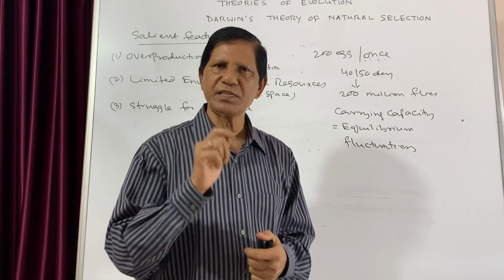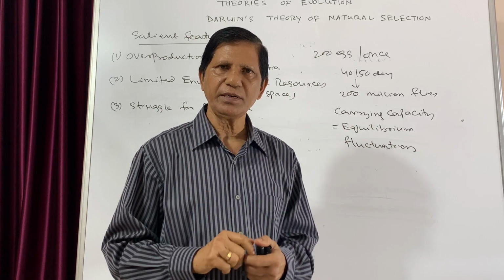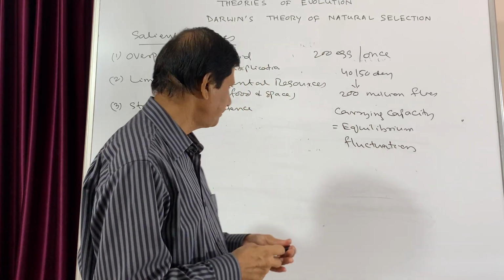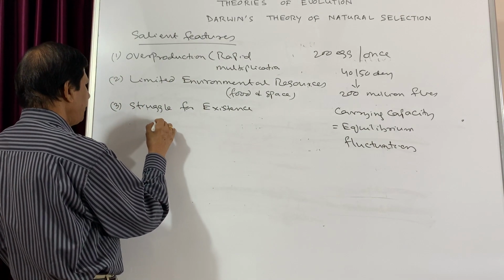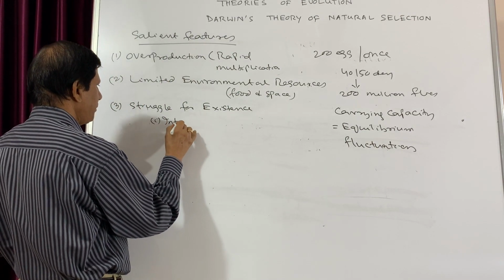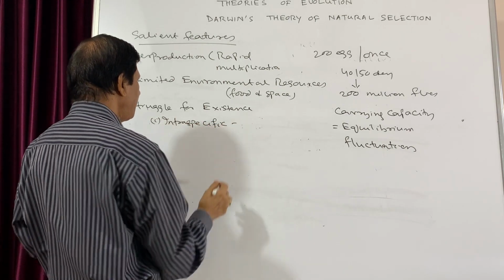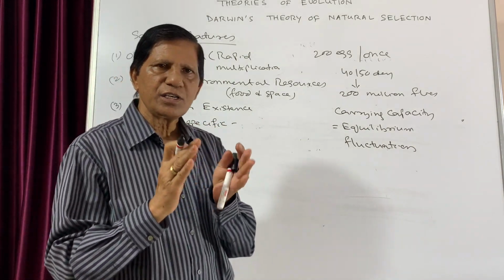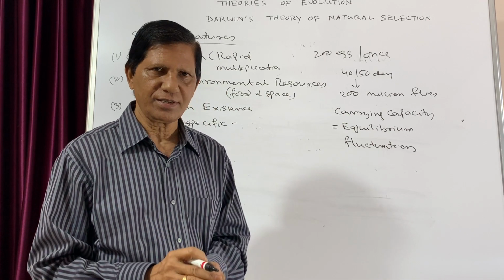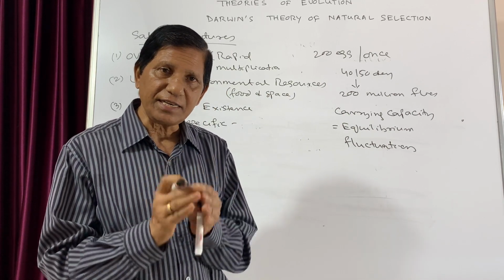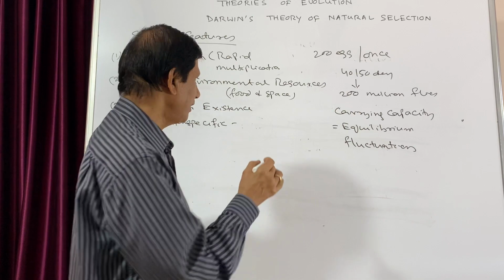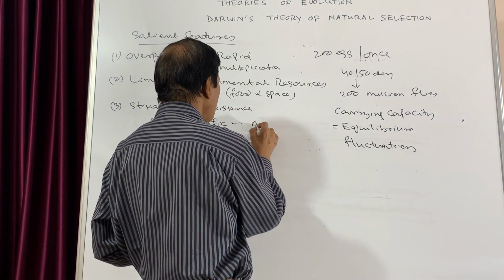Maybe intraspecific, maybe interspecific, or it may be environmental. So struggle, it may be intraspecific. Intraspecific means between individuals of the same species, and this intraspecific struggle is more fatal.